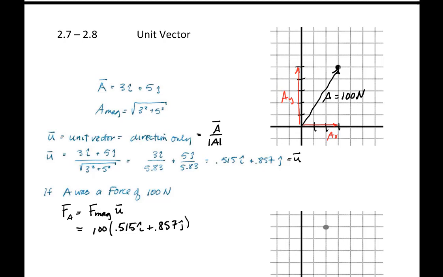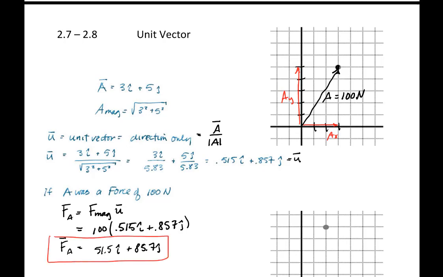That's a good vector description, F magnitude times unit vector, but you can also multiply it out. That would be 51.5i plus 85.7j, and that is the vector description of the force that is along that line.